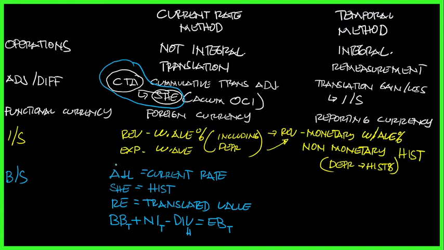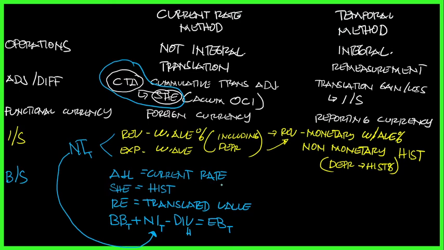You have to compute first for your translated net income by translating your revenues and expenses. Once you get your translated net income, you're now going to put that here, compute for your translated ending balance, okay? And syempre hindi yan magbabalanse, no?